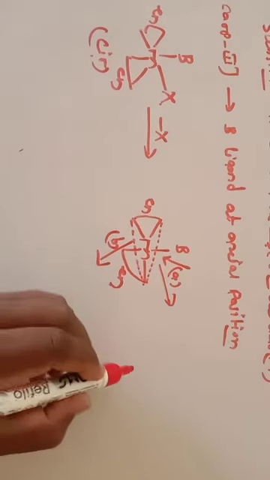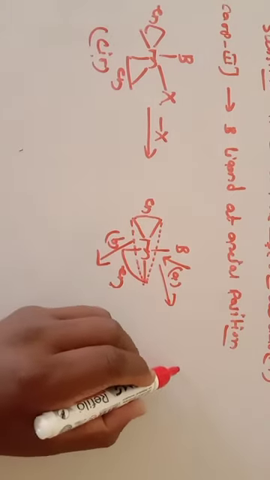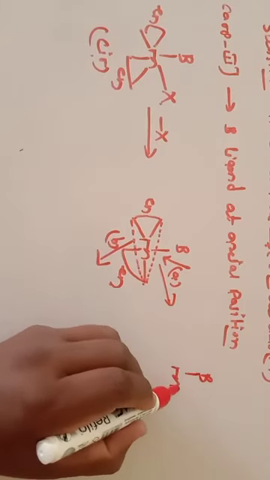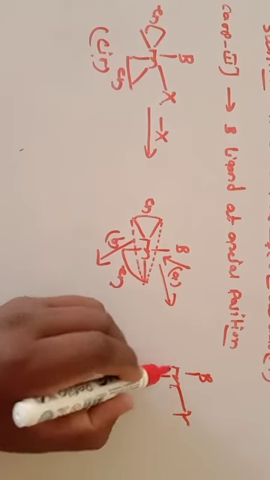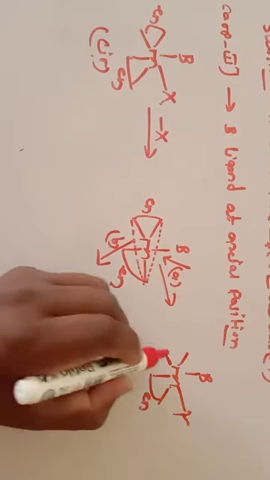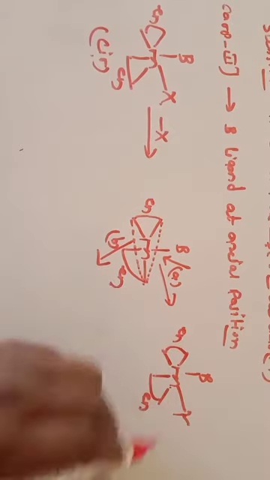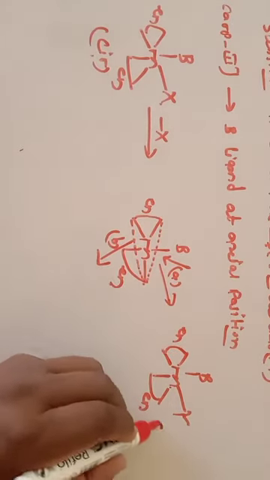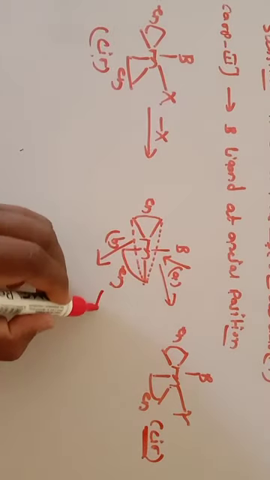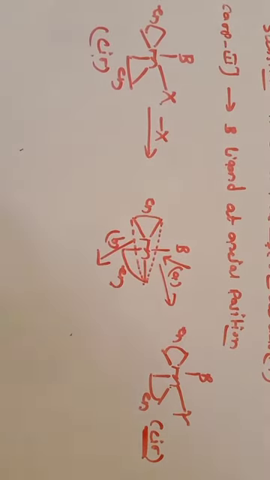So what is the product? In this case we get this, that is M. This is your B, this is your Y, and the remaining is like this. So this is your en and this is your en. Again this B and Y are cis to each other, so we get a cis isomer in this complex. And what happens when it attacks from this B side?